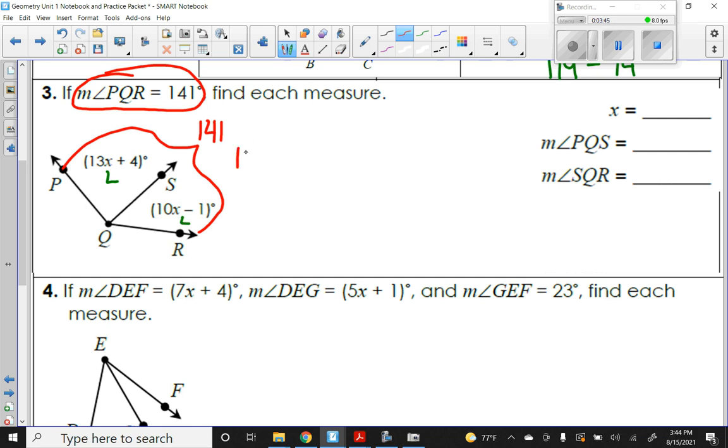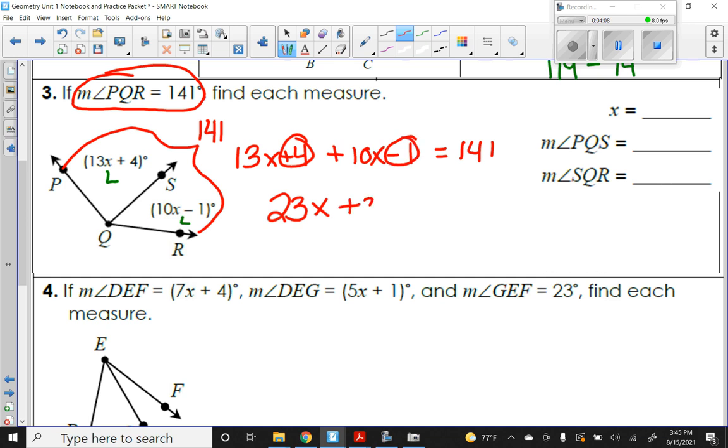I'll say 13x plus 4 is my first little, plus my second little, equals my big. Combine like terms: 13 and 10 make 23x. Positive 4 and negative 1 make positive 3.